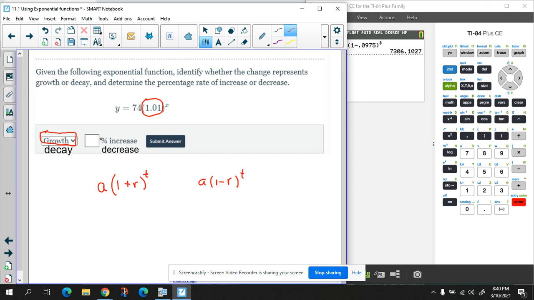To fill in the percent increase for this example, we have to compare this number to 1. How much higher than 1 is that number? Or some people would say just remove this and the rate of increase is 0.01, but that's a decimal form. Okay, so we have our 1.01.